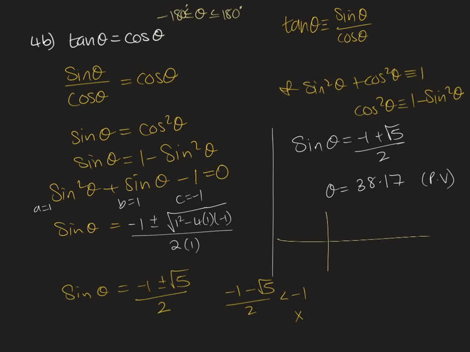Thinking about the sine wave between negative 180 and positive 180, I can see that both of my values need to be between positive 0 and positive 180. So my next solution is going to be 38.17 subtracted from 180, which is 142 degrees. And there are the two solutions. There are no solutions within this range where the graph is negative.